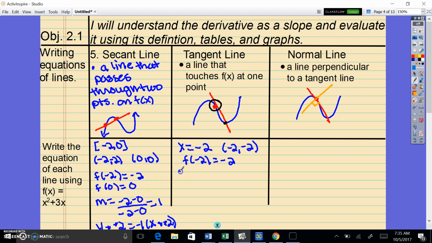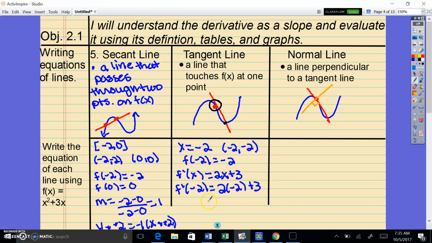So we're just going to come back here and say, all right, if the derivative is 2x plus 3, then we're going to find the derivative at negative 2. So f prime of negative 2 is going to be 2 times negative 2 plus 3.